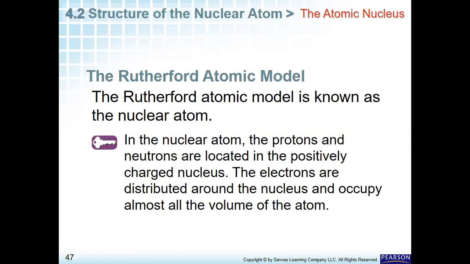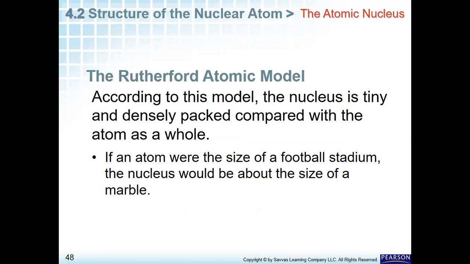So in the nuclear atom, protons and neutrons are located in the positively charged nucleus. The electrons are distributed around the nucleus and occupy almost all of the volume of the atom. Accordingly, the model shows that the nucleus is tiny and densely packed compared with the atom as a whole.